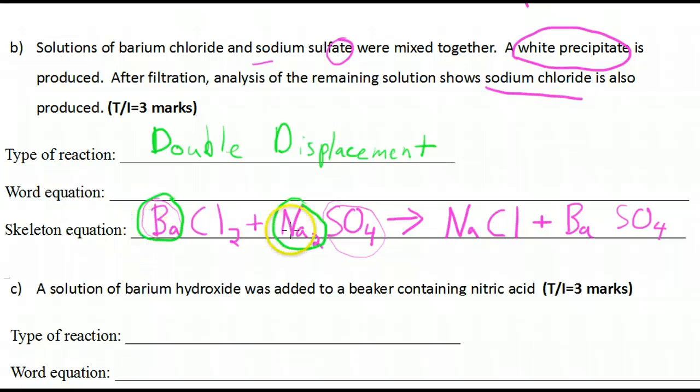And when you're writing it out, just be careful that there's no transition metals, and make sure you name the polyatomic ion correctly.